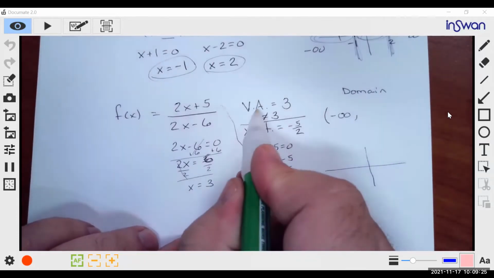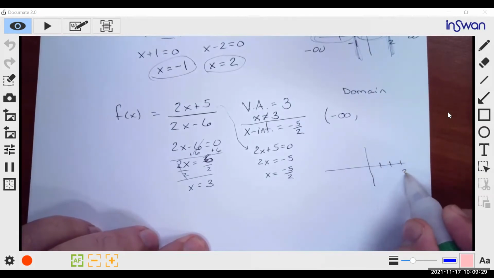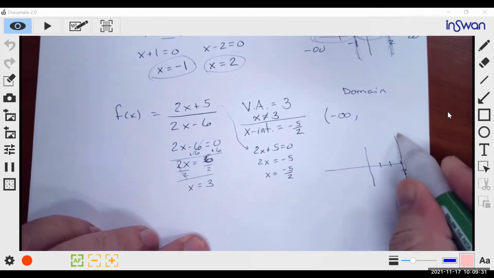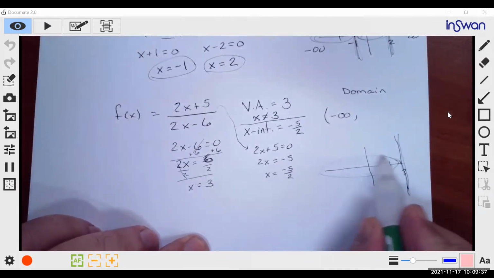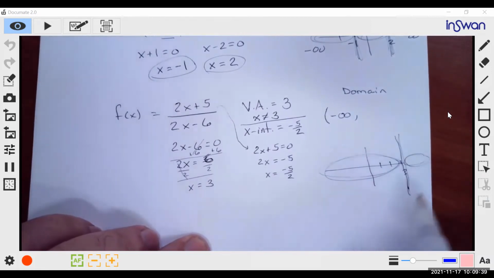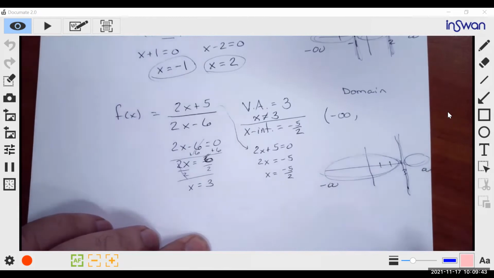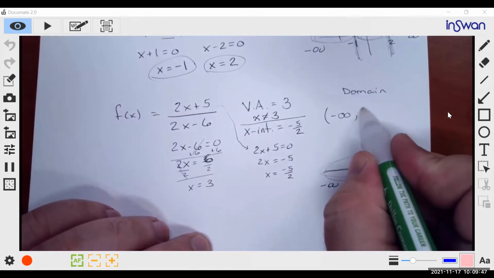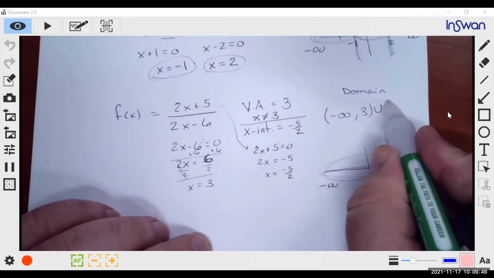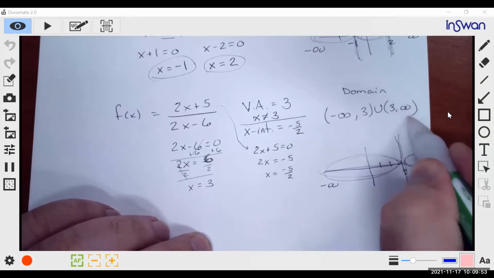Yeah, the vertical asymptote, I can't use it. So at 3, I can't use it. So my domain is on both sides. It goes from negative infinity to 3, and it starts at 3 and goes to positive infinity.